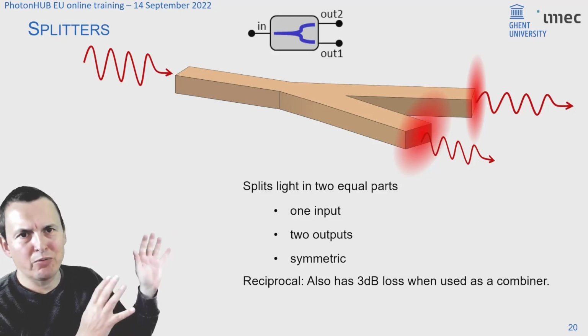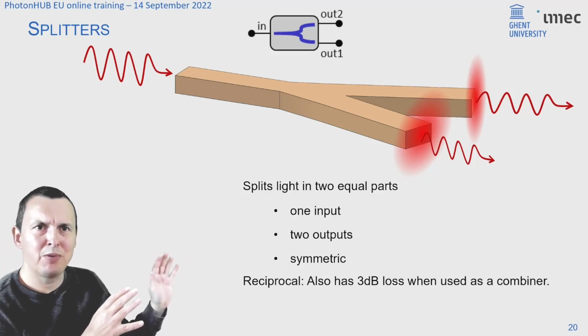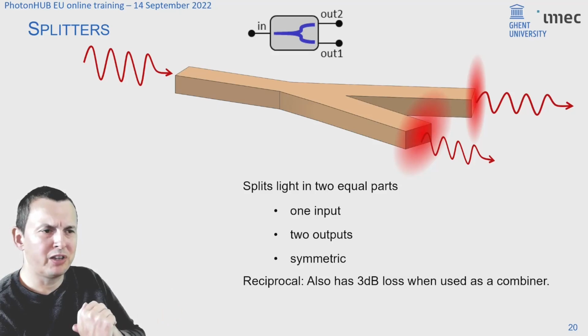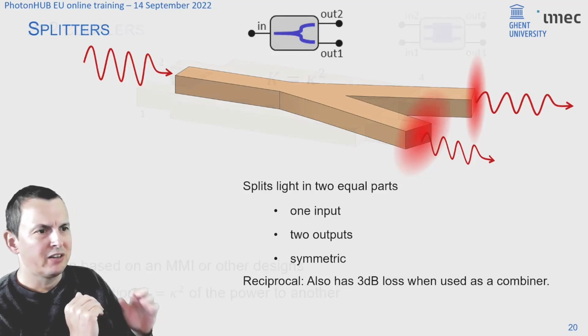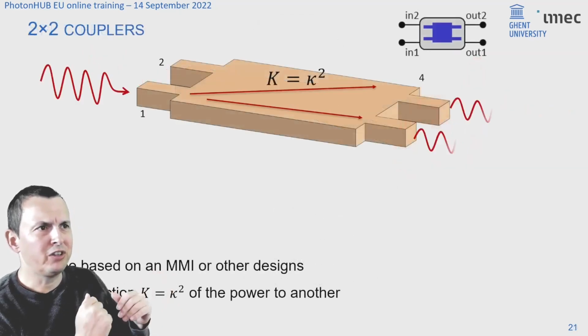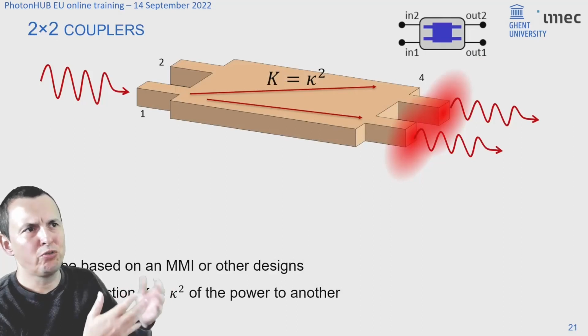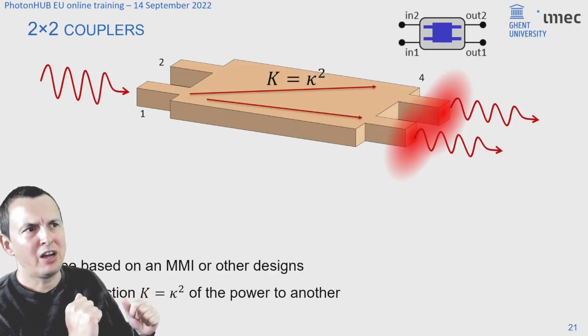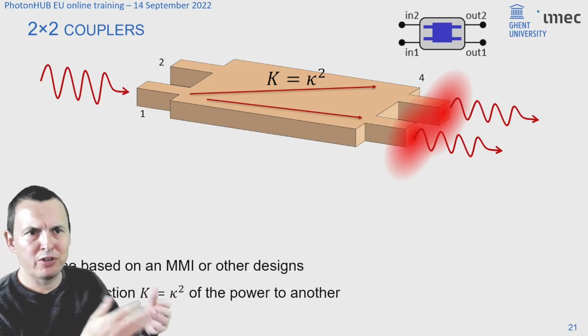Now, this is actually a reason why in many photonic circuits people don't like to use these simple 1x2 splitters, because there's that intrinsic mechanism where some of the light gets lost if your two ports are not exactly in phase. So as an alternative, what is being used is what we call a 2x2 coupler, where you have two ports on each side. And now such a coupler can in principle be lossless.